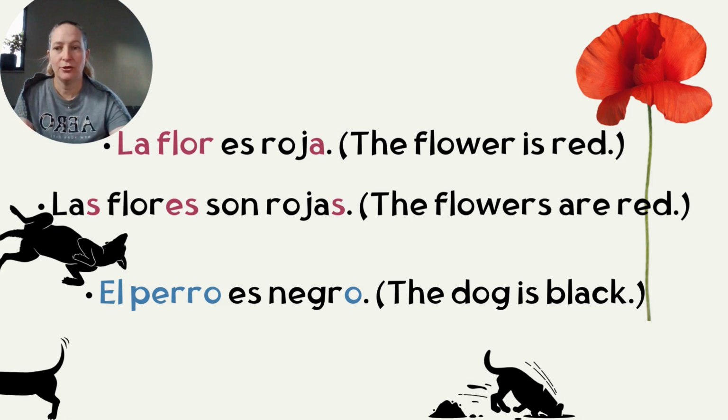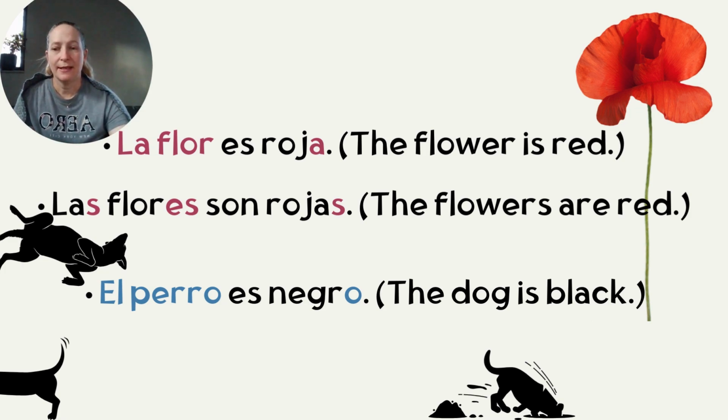So you have to continue the whole sentence. Las flores son rojas. And when we go to the dog, it's the same. You have to add the S at the end of all the words in that sentence. It has to be plural. Every single word has to be plural.